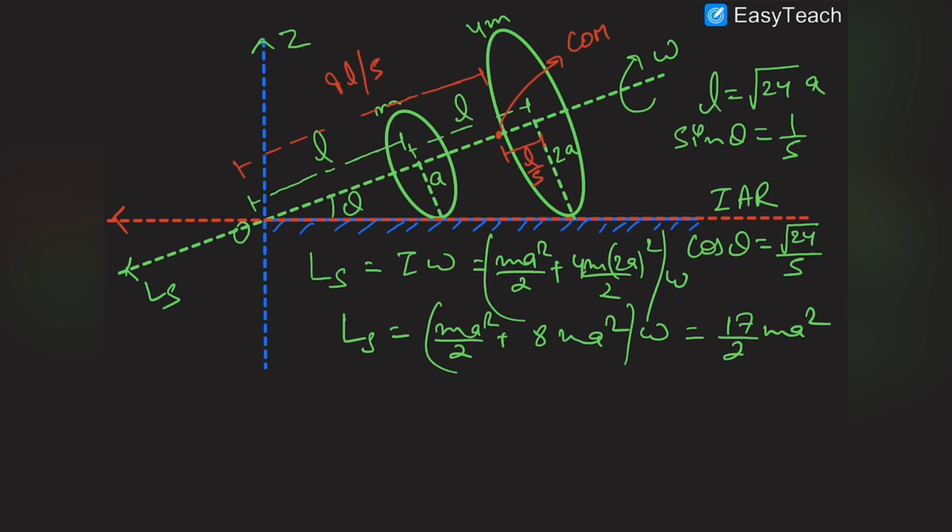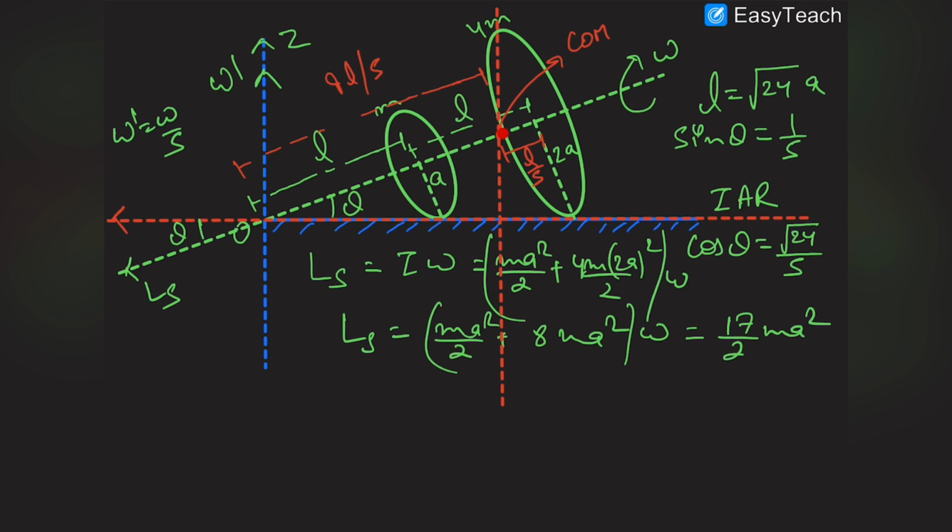So you can see that in this case there would be a motion of this system about this axis also, with the angular velocity omega dash, which we have already calculated, and this omega dash will be equal to omega by 5. And this complete system is rotating about this axis also.